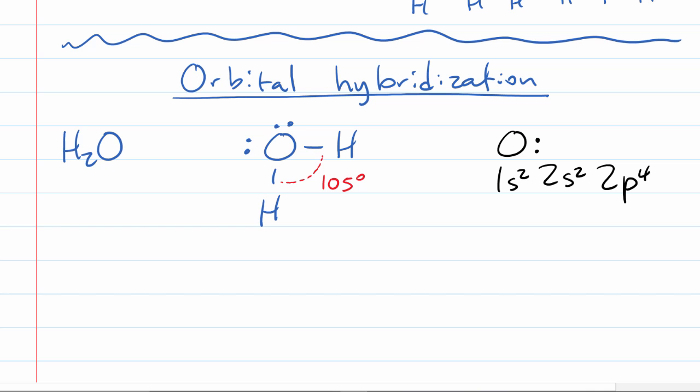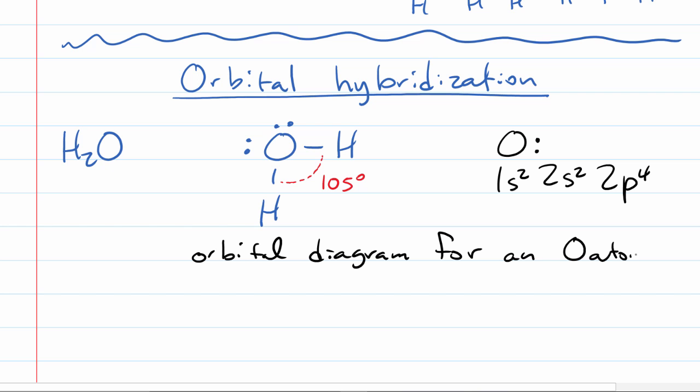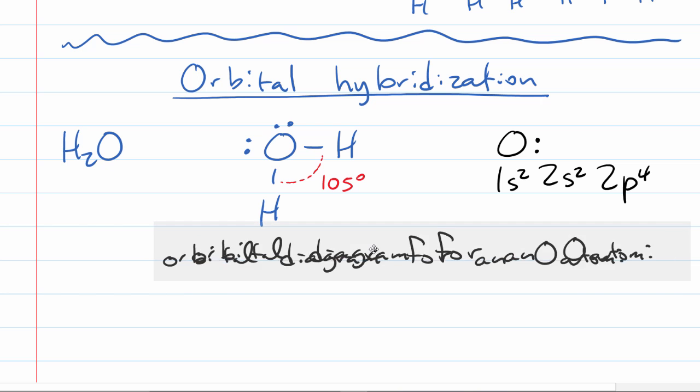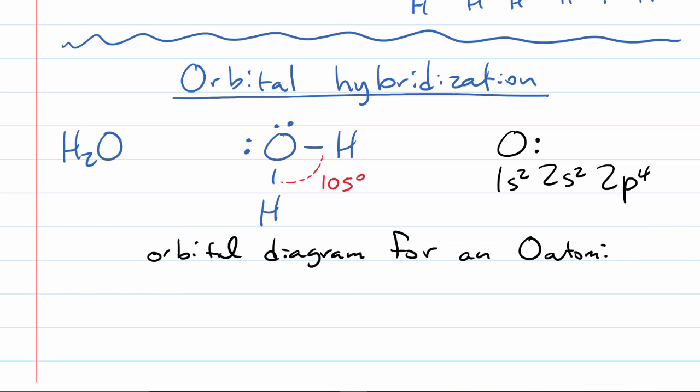So now, if we drew out the orbital diagram, we're going to look at the orbital diagram for an oxygen atom. We'll write out 1s2, 2s2, whoops, we need to put this in the orbital diagram.